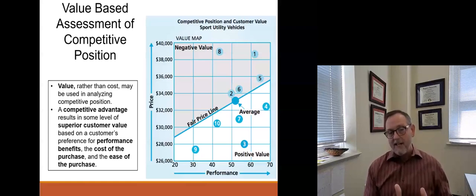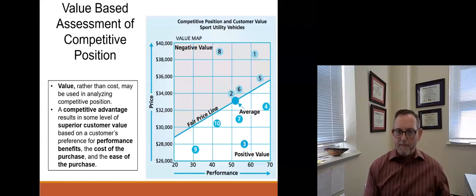And then on the x-axis, down below, we have performance. So that's the performance of the vehicle, like how well does the vehicle work? What are our features? Are our features superior or not? And so to the left, it's going to be the fewer features that don't perform as well. To the right, more features that perform better.